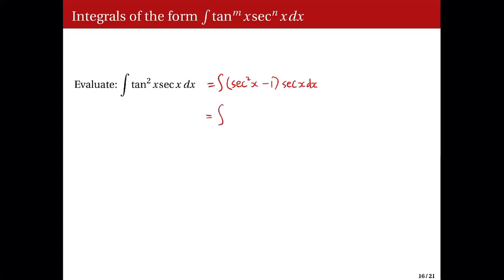If we distribute this secant x, we will have the integral of secant cubed x minus secant x dx. We already know the integral of secant x. That's ln of something. So we just need the integral of secant cubed. We need the reduction formula.